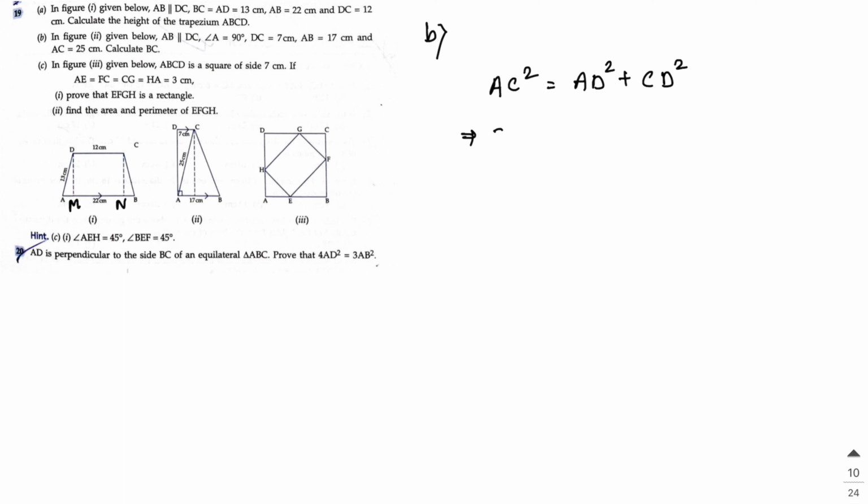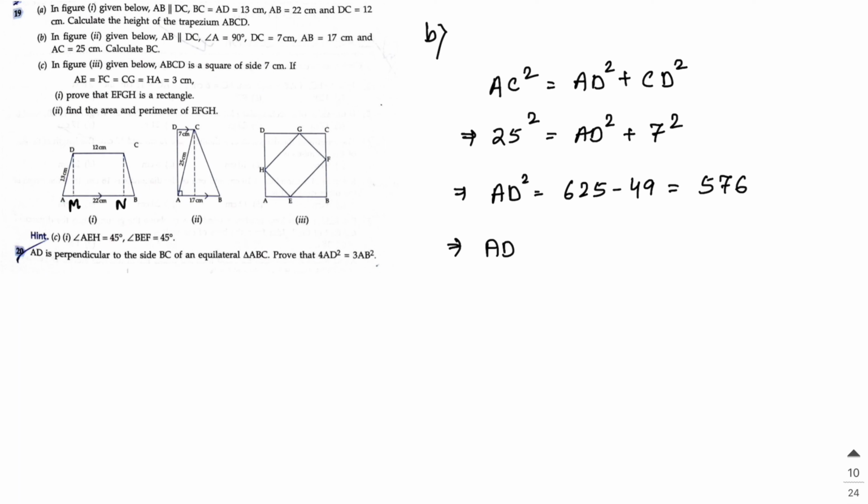The value of AC equals 25, so 25 square, then AD square, and CD equals 7, that means 7 square. So now AD square equals 625 minus 49, that equals 576. So AD equals root over 576, that equals 24.